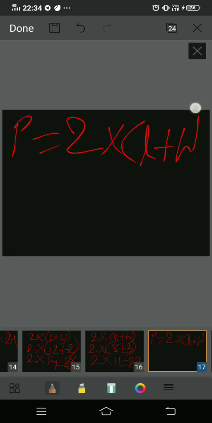How you get the perimeter, children: 2 into length plus width. You need one length and one width, and you add them, and then multiply the answer of length plus width by 2, then you get your perimeter.